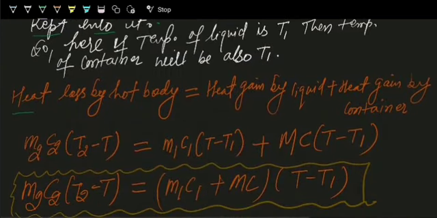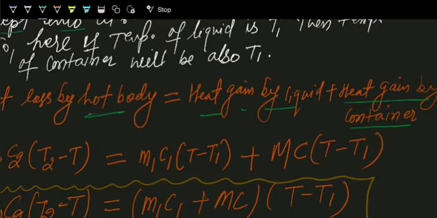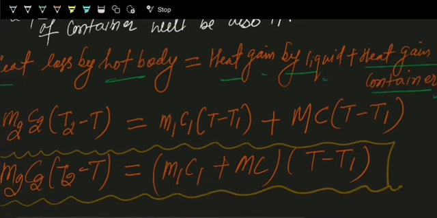So I have written heat lost by the hot body, in this case the metal ball, is equal to heat gained by liquid plus heat gained by container. Whatever heat is lost by this hot body is gained by the liquid as well as the container.